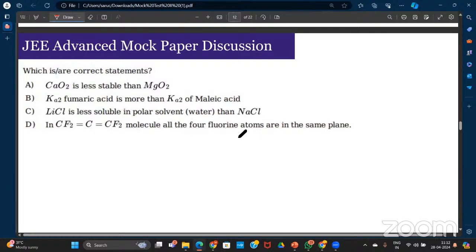Can you give me the options of this question? This is all a fact only. So just give me the answer for the question. Okay, A and C.